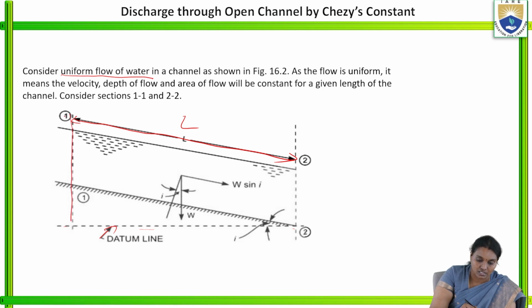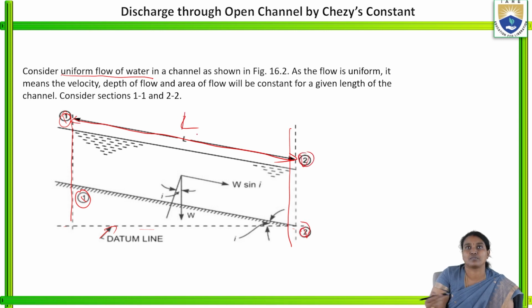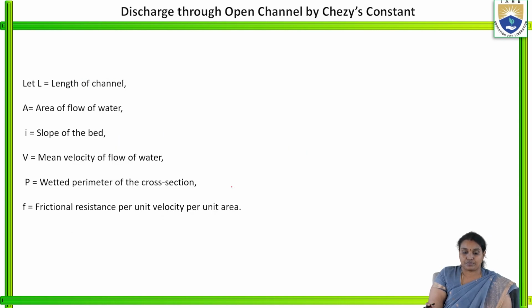Consider cross sections at section 1-1 and section 2-2. In between, this is L, the length of the channel. This complete portion is the flow of the water.